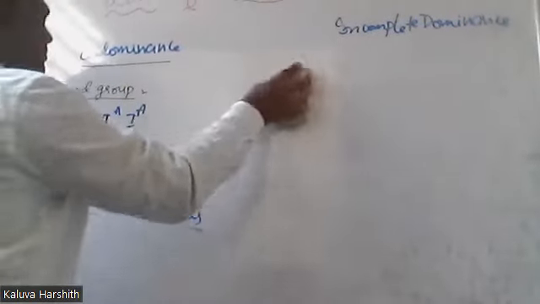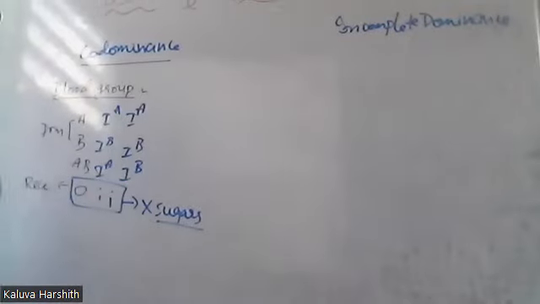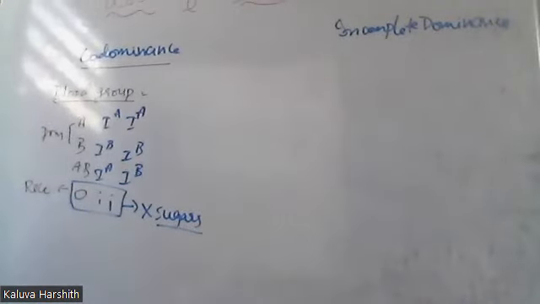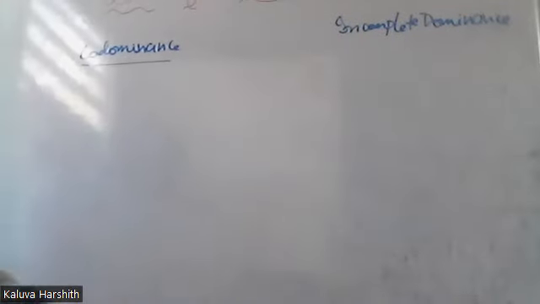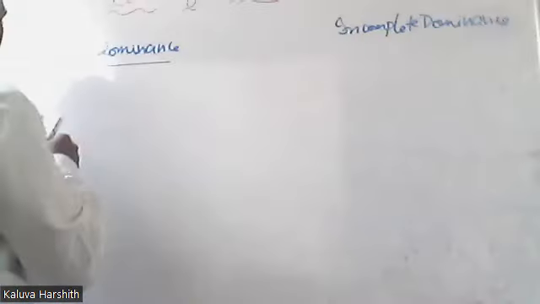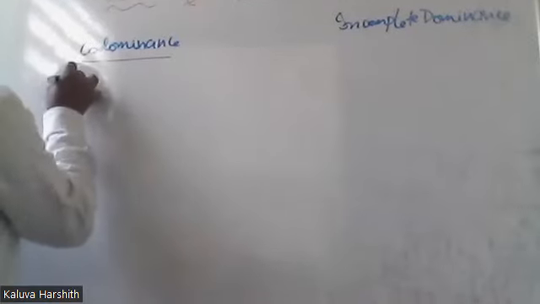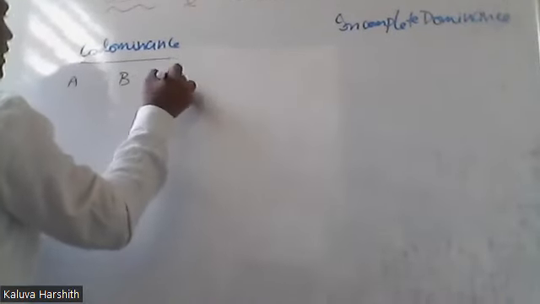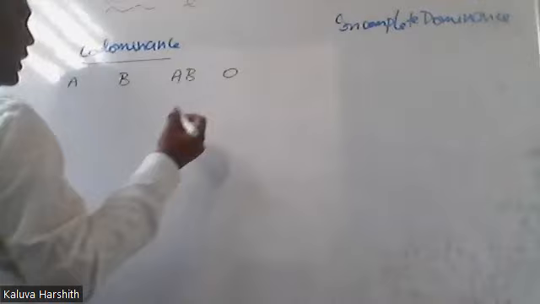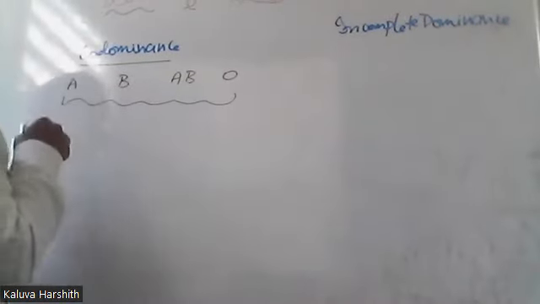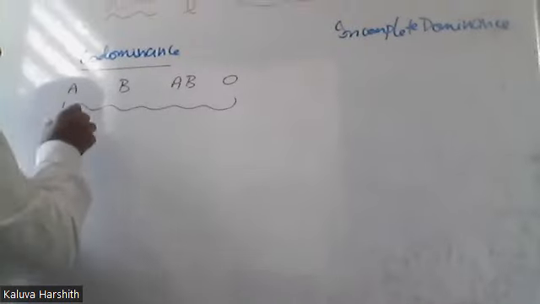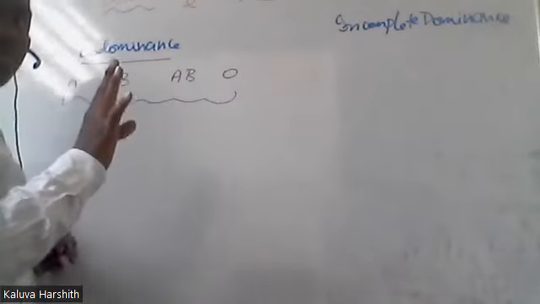There is one table which we get for these IAB crosses. Let me try to draw that table for you. I have A, B, AB, O blood groups. These are the four different blood groups that we are having. So can I say phenotypically there are four phenotypes?